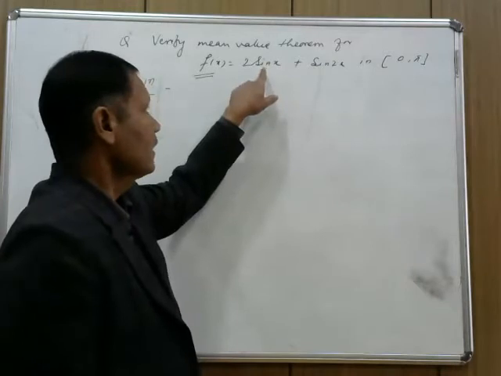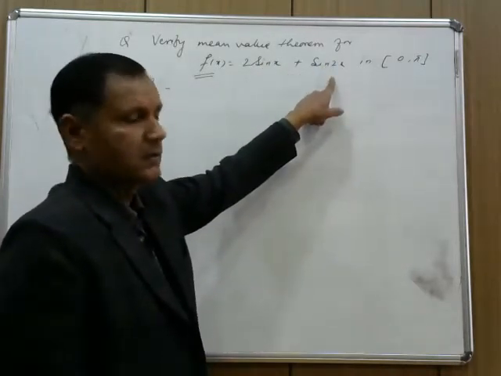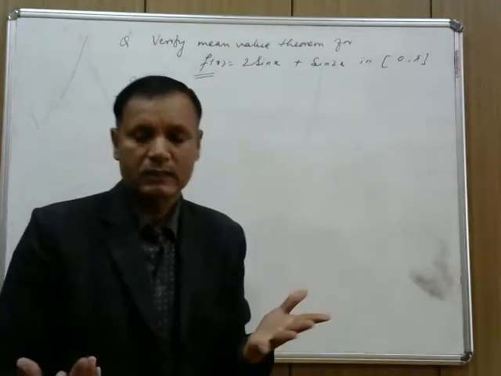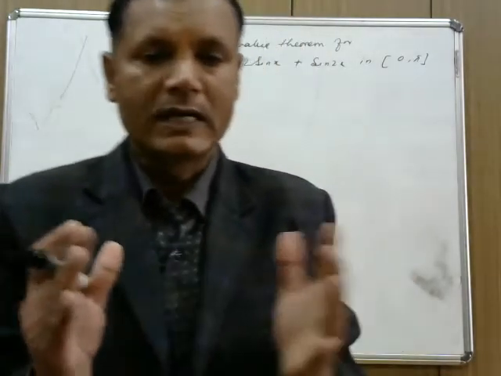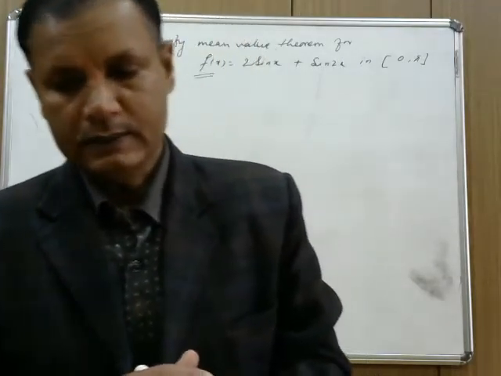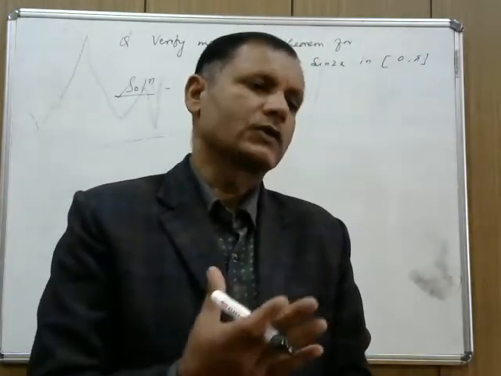If I take this as g of x, this as h of x, then this is g of x plus h of x. And we know that when 2 functions are continuous, their addition is also continuous, right? That is, their sum and their difference are also continuous.